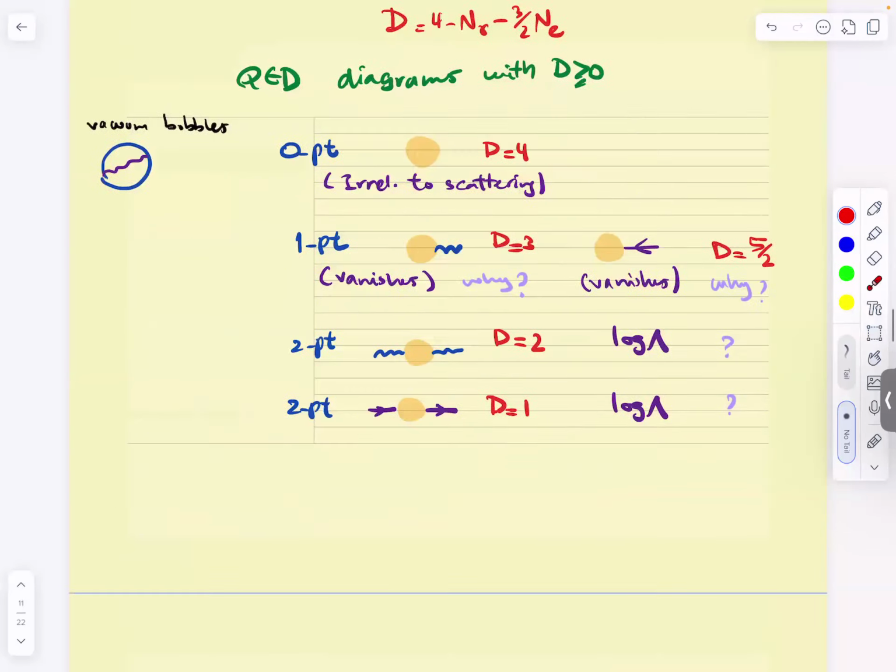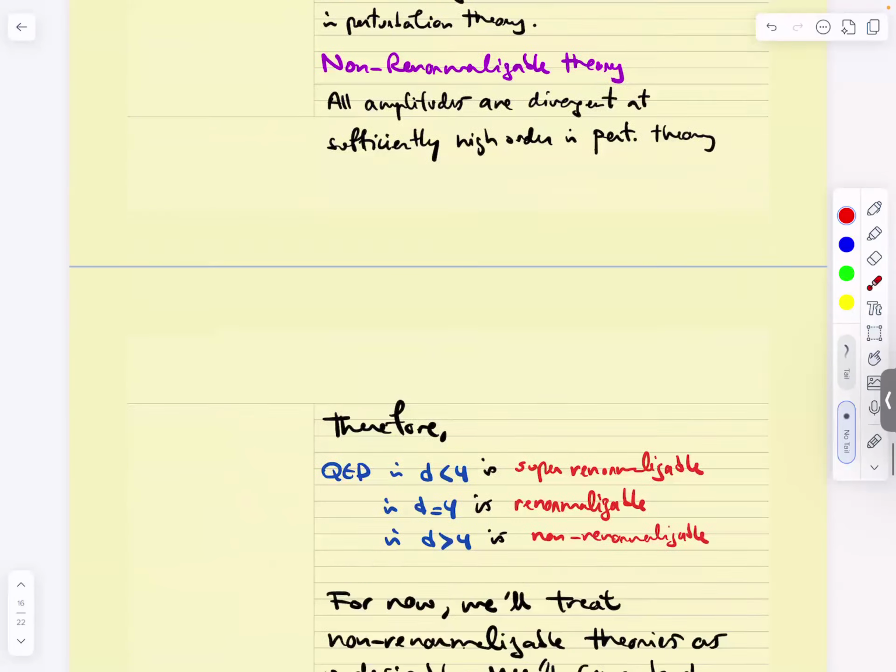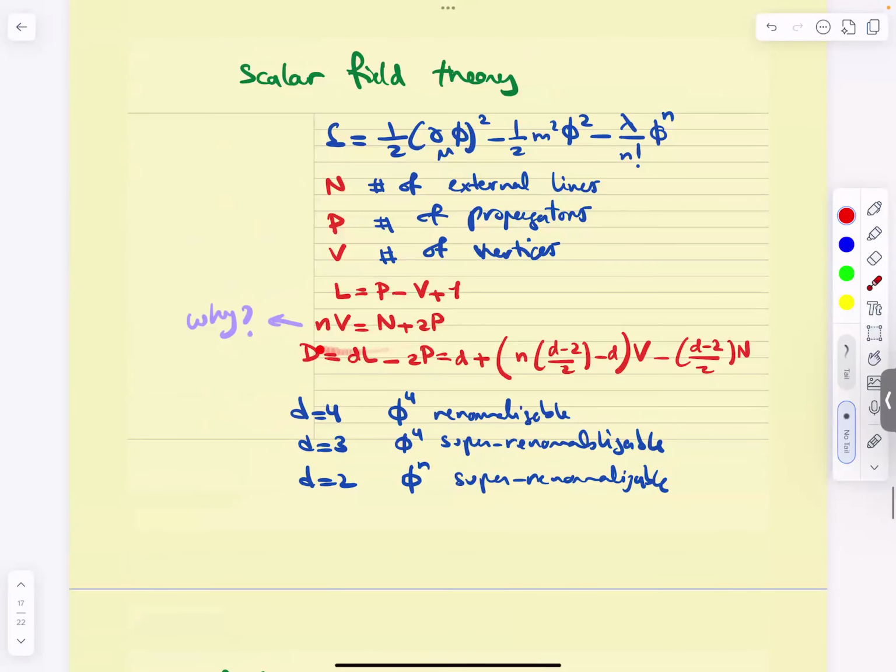You could easily argue that you end up with this relation. Now, plugging these two inside the equation for the superficial degree of divergence, we get a formula like this. Now we have a more general formula that depends on the interaction term and the space-time dimension. So here's something interesting.